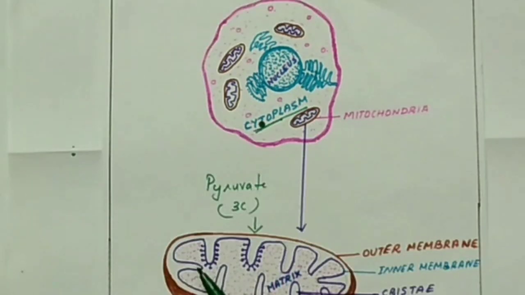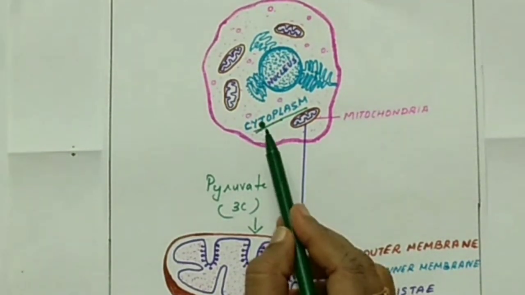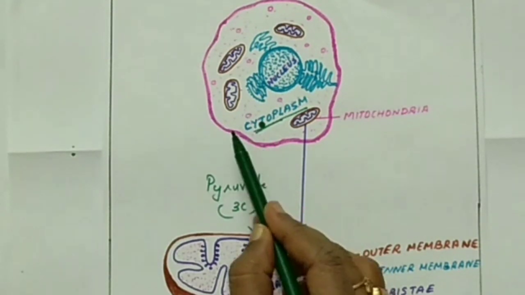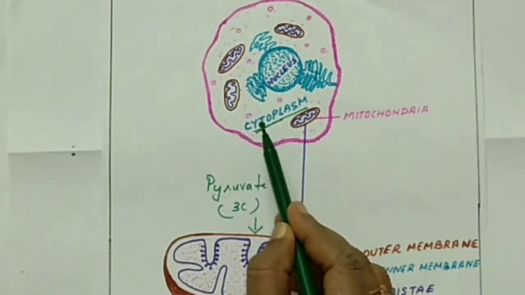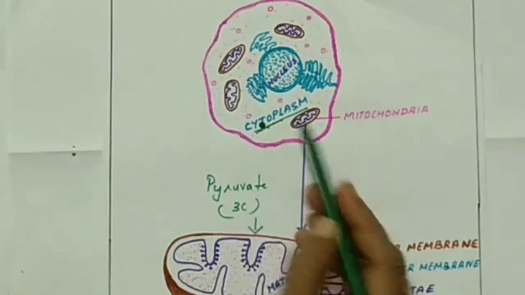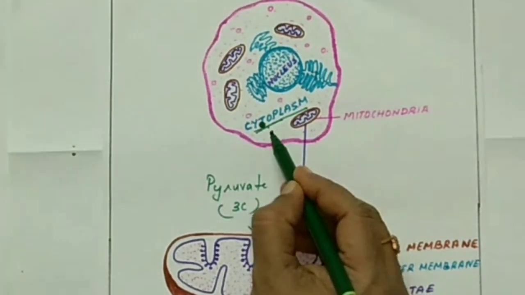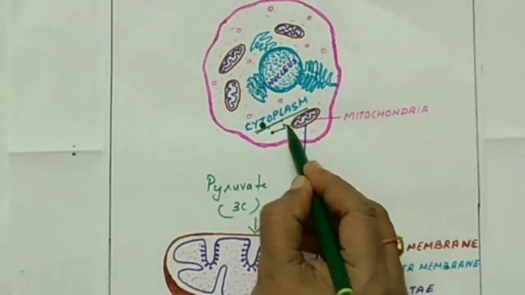Okay, the next step of cellular respiration takes place in the mitochondria. First, in the cytoplasm glycolysis takes place, that is, glucose is converted into pyruvate, and this pyruvate enters into the mitochondria.